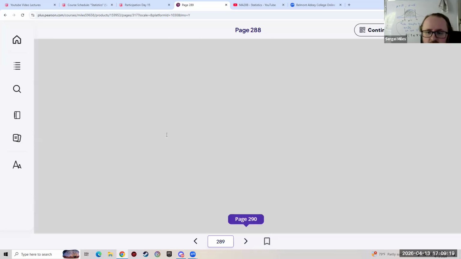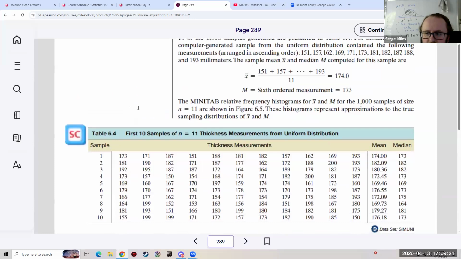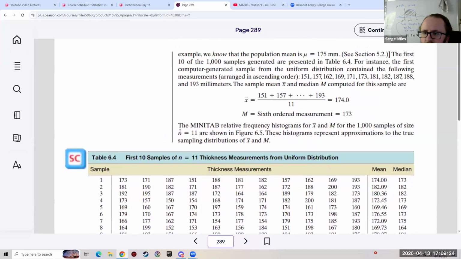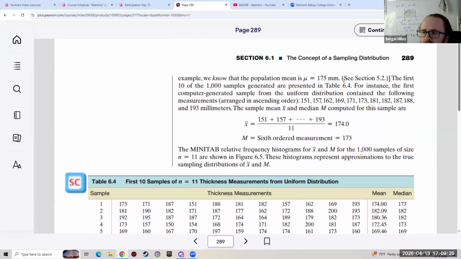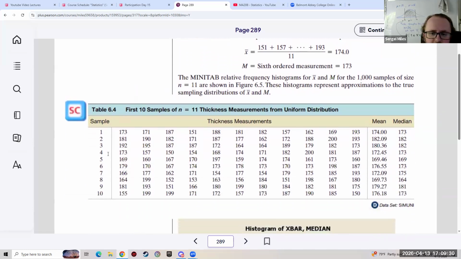So this data is represented here, and they show us the first 10. They're not outputting all 1,000 samples. These are just 10 of the samples. Each sample has 11 different X's since the sample size is 11.